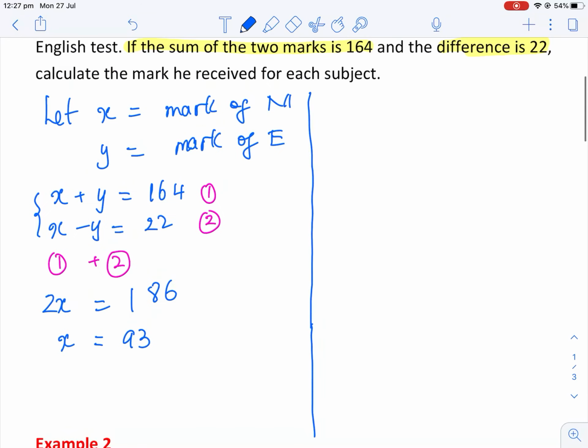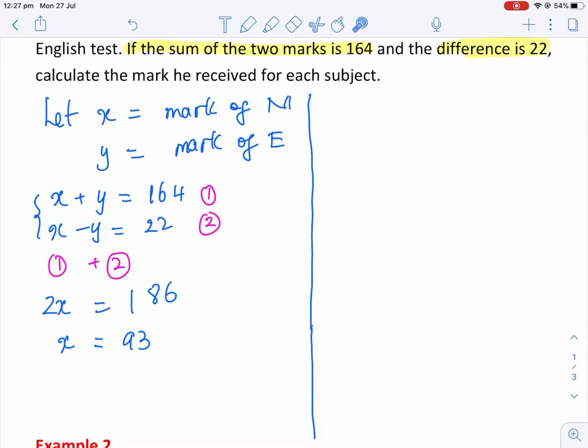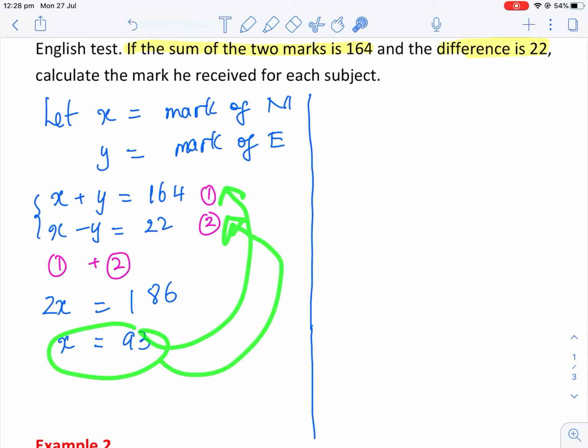All right. And so the mark for the math test is 93. How can I find the mark for the English test? What we do is substitute this value back into either equation 1 or equation 2 to find the answer. Either way, you will have exactly the same answer.